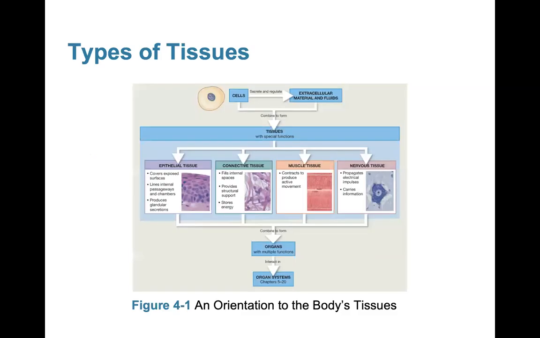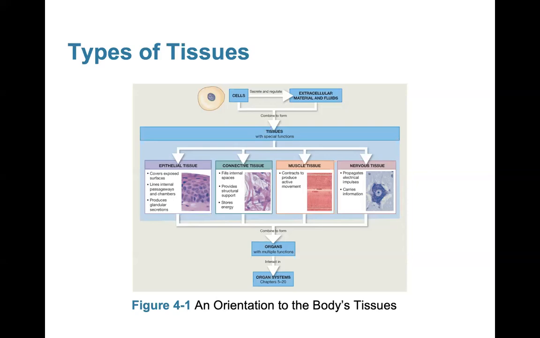So looking at the different types of tissues here, you can see this little schematic where you can have tissues that are formed from cells, but also tissues that contain other materials, which we call extracellular material. This is anything but cells. And if we look at the four different types of tissues, we have epithelial tissue.